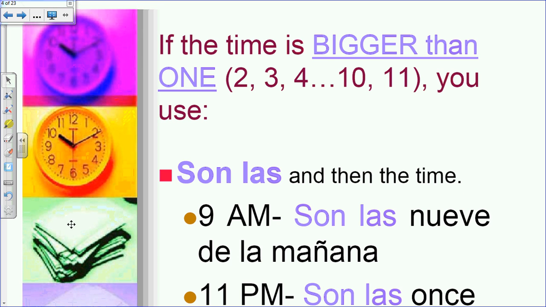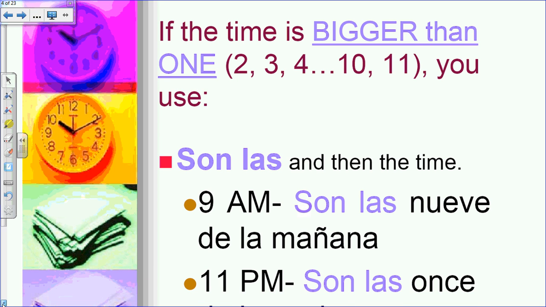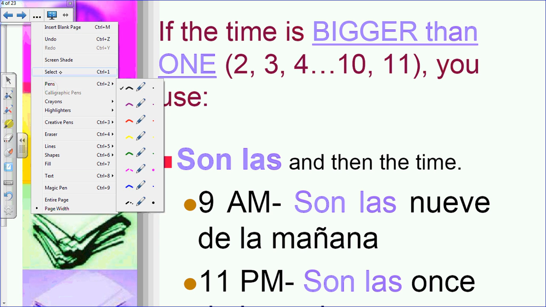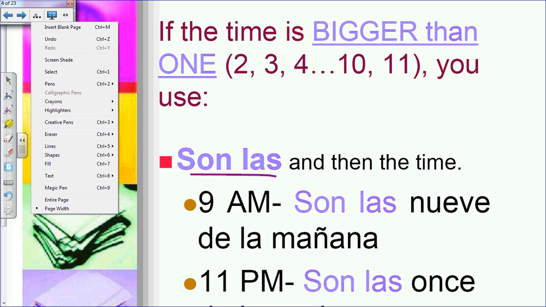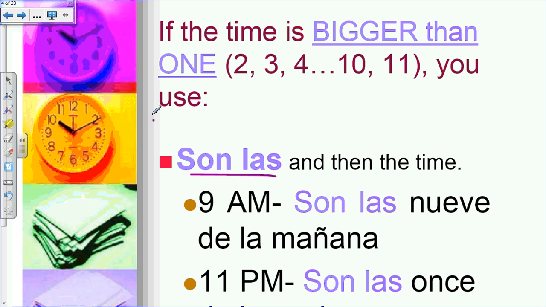So in Spanish, to tell time, okay, if ever the number is bigger than one, so 2 o'clock, 3 o'clock, 4 o'clock, 10 o'clock, 11 o'clock, we always start with the expression son las. Okay, so this is the expression we're going to use all the time. So if it's ever bigger than one, you're always going to start with son las. So this is equivalent to like "it is."